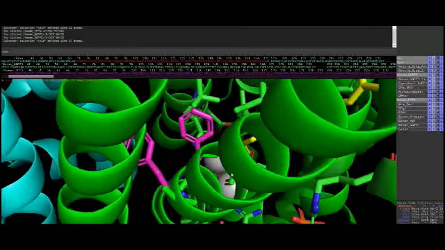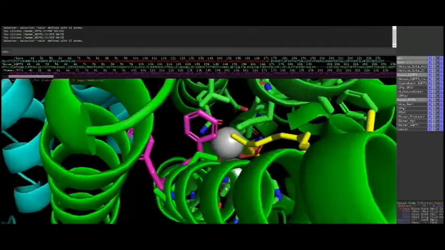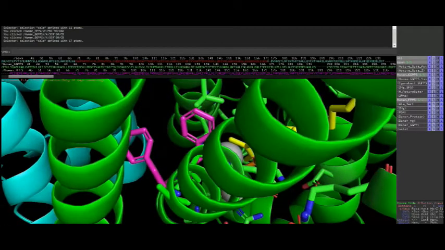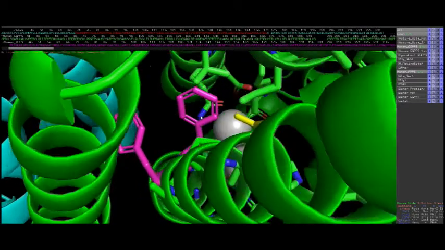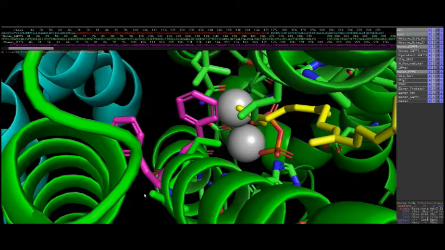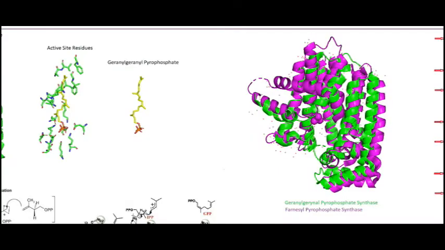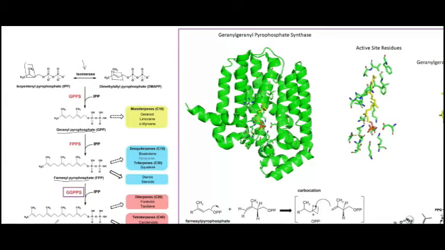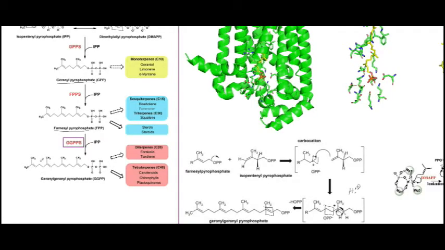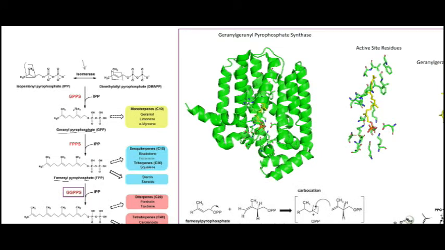And the paper I got this from says that these two phenylalanines in the farnesyl pyrophosphate are blocking the active site from allowing longer chains to get in. And that's why this farnesyl pyrophosphate, which has a shorter chain than the Geranylgeranyl pyrophosphate, would be selective for the farnesyl pyrophosphate.